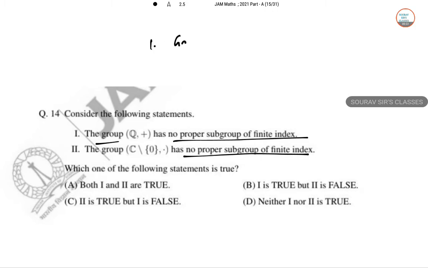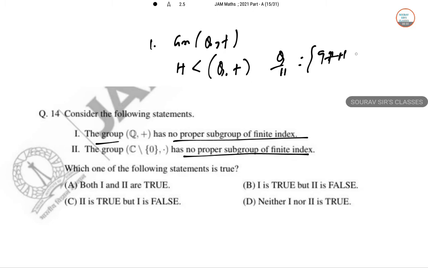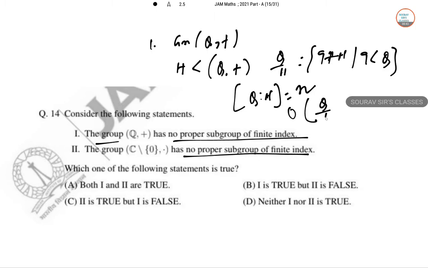So, the first case, the group Q under addition. Let H be a proper subgroup of Q, such that Q/H is finite, of order n. Take some arbitrary element r in Q/H.